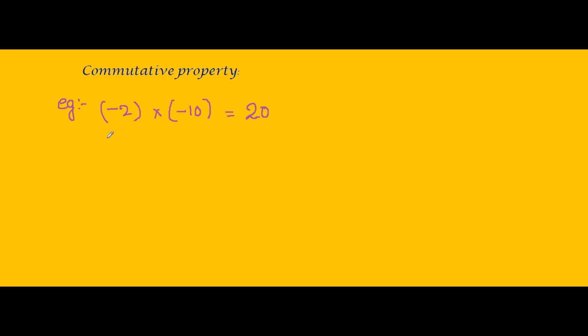Let's change their order: negative 10 times negative 2. Here also the product of negative integers is a positive integer, and 10 times 2 is again 20. So you can write negative 2 times negative 10 equals negative 10 times negative 2.